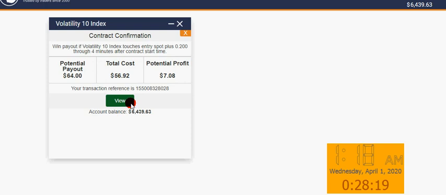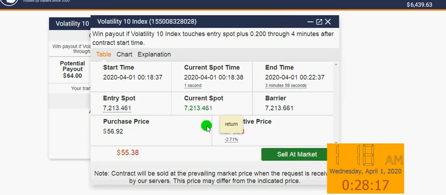Okay, so view. So these are current spots: 213.415. This is the barrier offset. So once it exits 213.661, the trade will be closed.